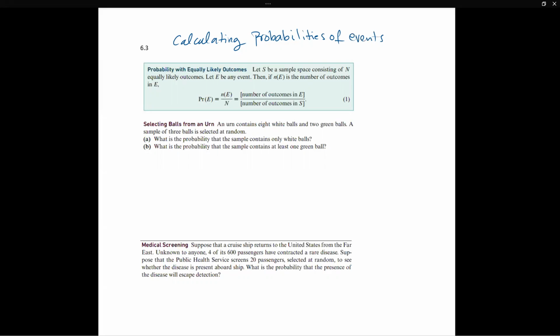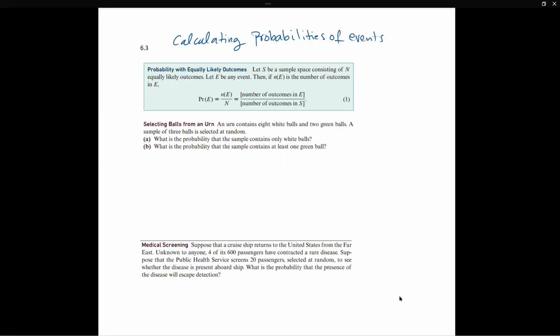And let's do an example on it. An urn contains eight white balls and 2 green balls. A sample of 3 balls is selected at random.